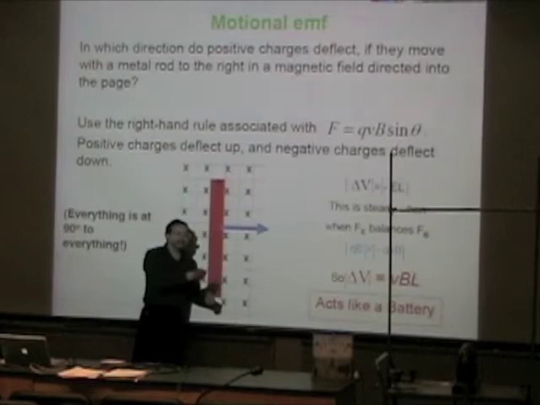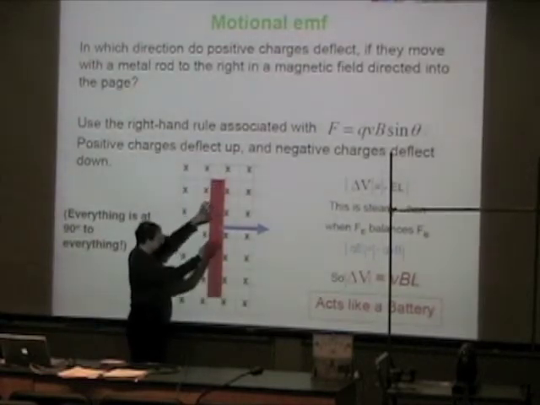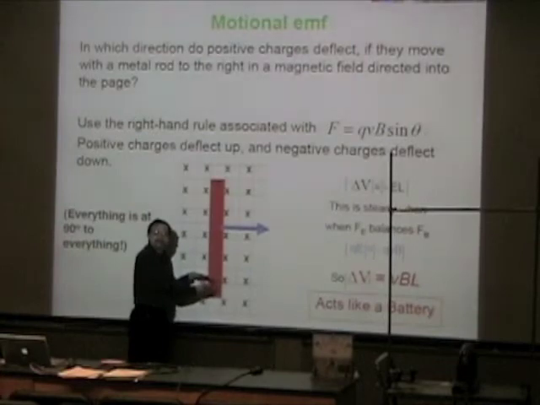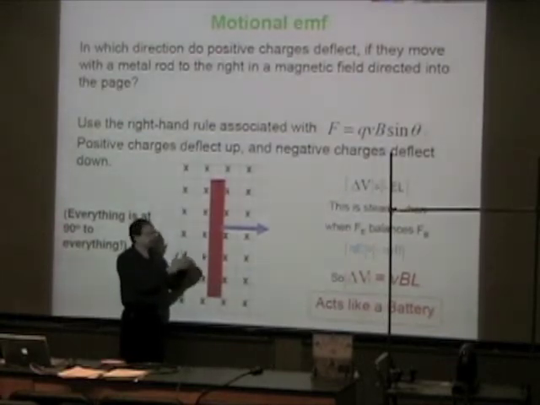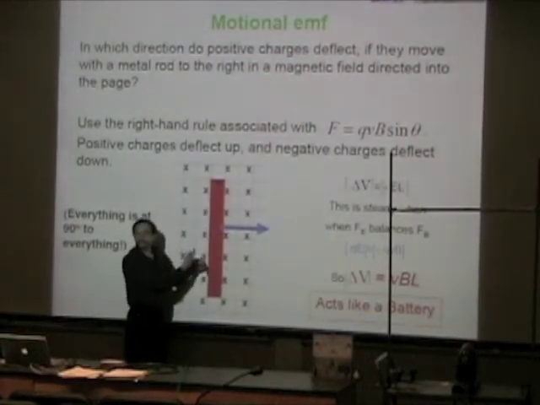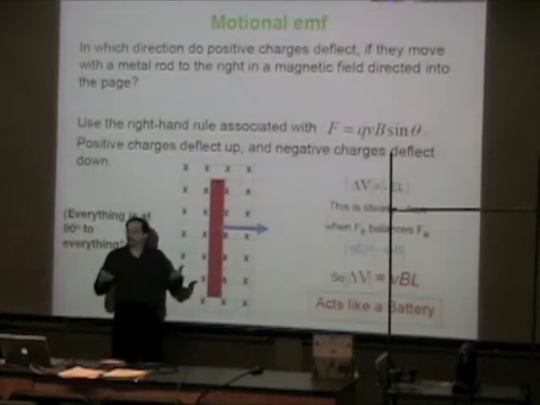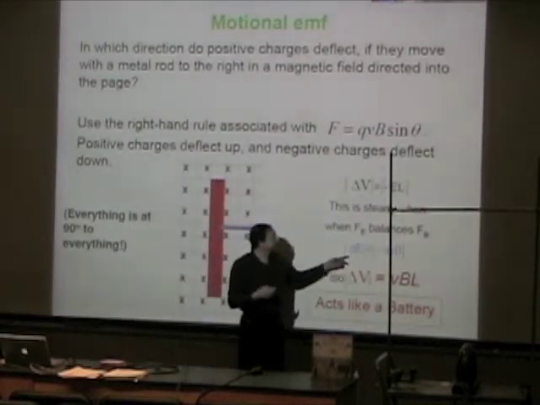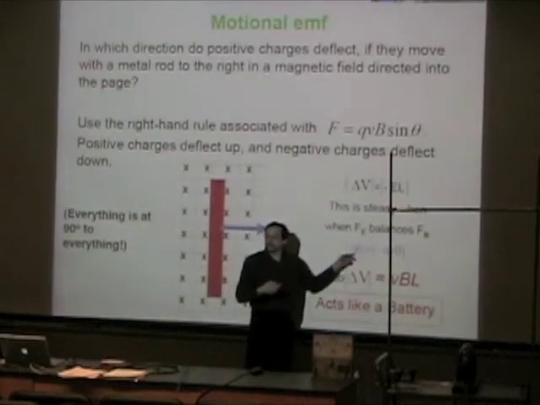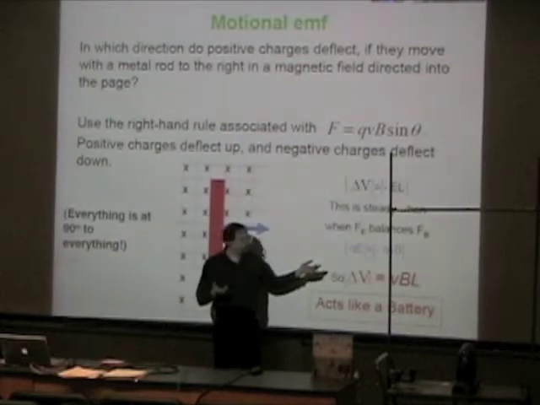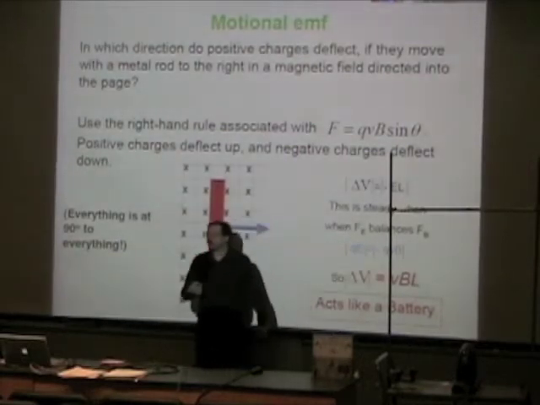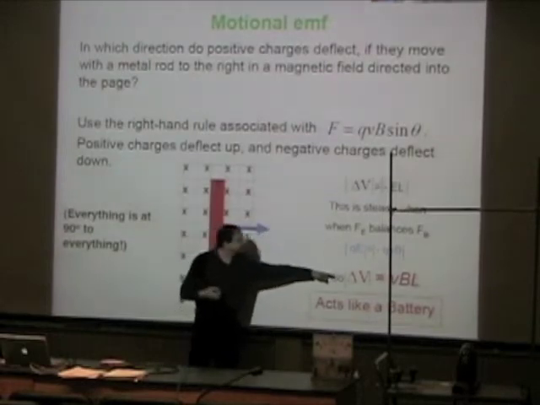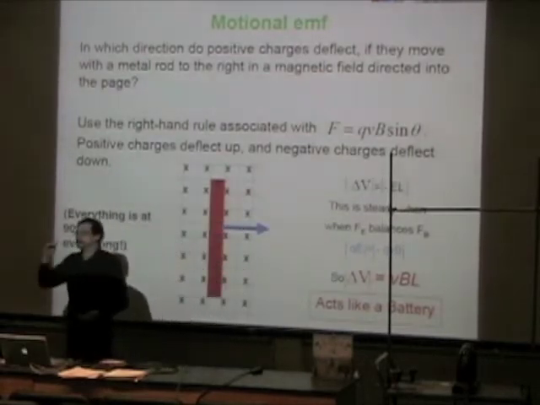But if we keep moving, eventually a specific amount of electrons get collected here, and a stable equilibrium situation is finally reached. In that situation, two forces act on each electron, from the magnetic field and from the electric field. But since equilibrium is reached, the net force is equal to 0. When the two forces are equal to each other, we can cancel the charge, and that gives the value for the electric field or for the potential difference across the ends.